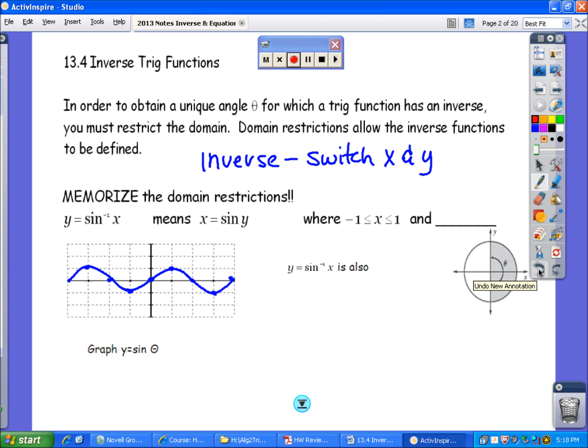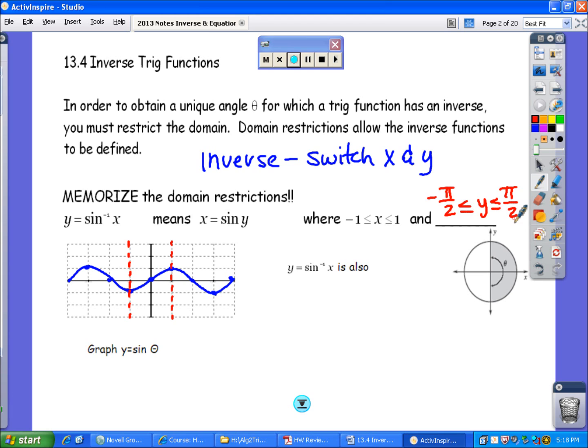So we're going to restrict our domain between negative pi over 2 and positive pi over 2. That way, when we take the inverse, it will also be a function. So our restriction is going to be from negative pi over 2 to positive pi over 2.